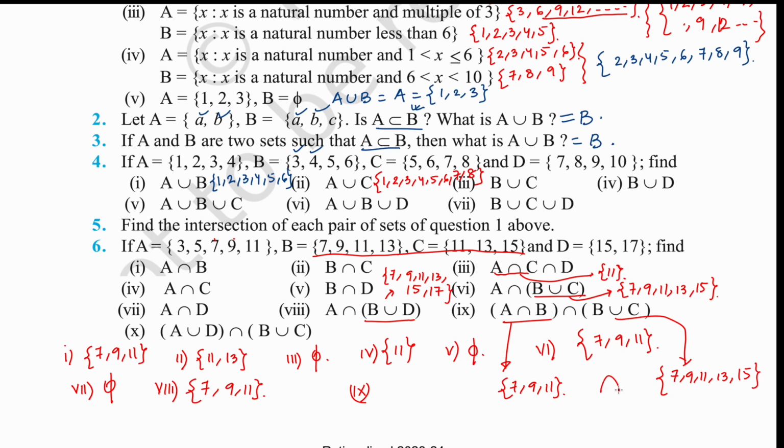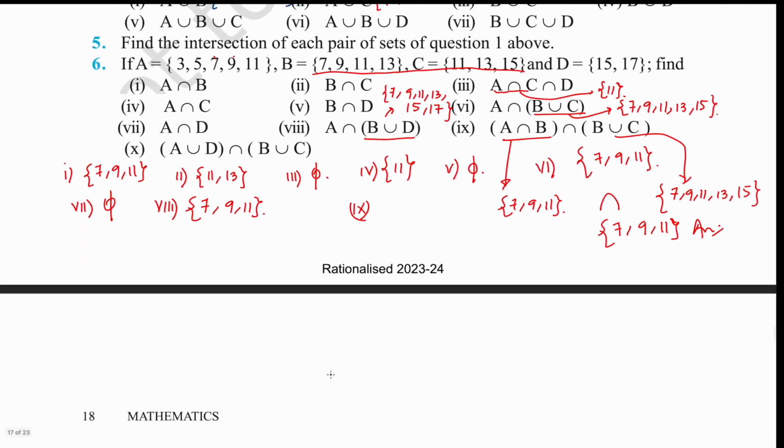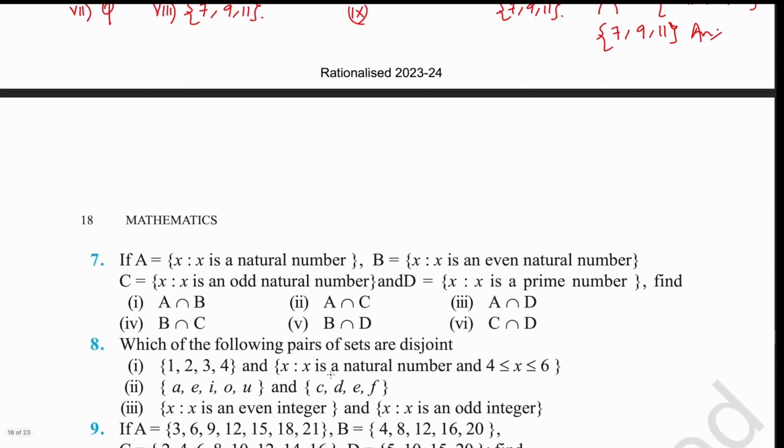Now you have to take the intersection of these two sets. So intersection of these two sets are the common elements between the two, so you will have 7, 9 and 11 as your final answer, right? So this is how you find the intersection and union of two sets.